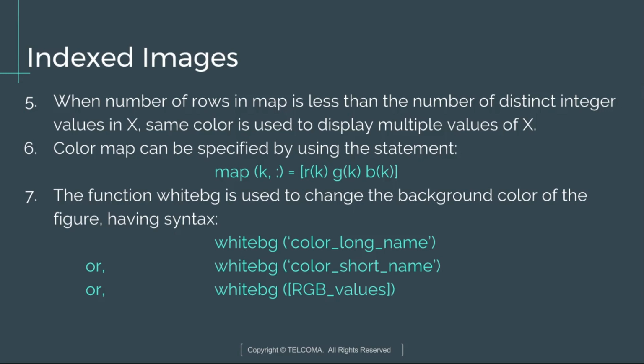This may be k for black, b for blue, g for green, c for cyan and so on. And finally the syntax whitebg and in parenthesis RGB values. So this may be 000 for black, 001 for blue and so on.